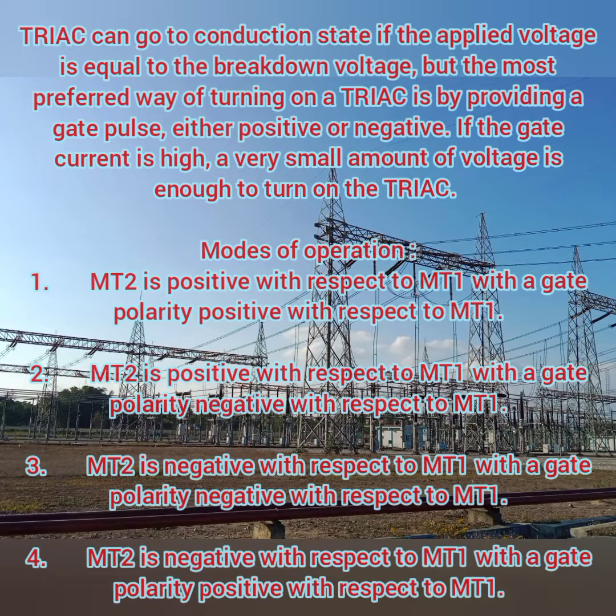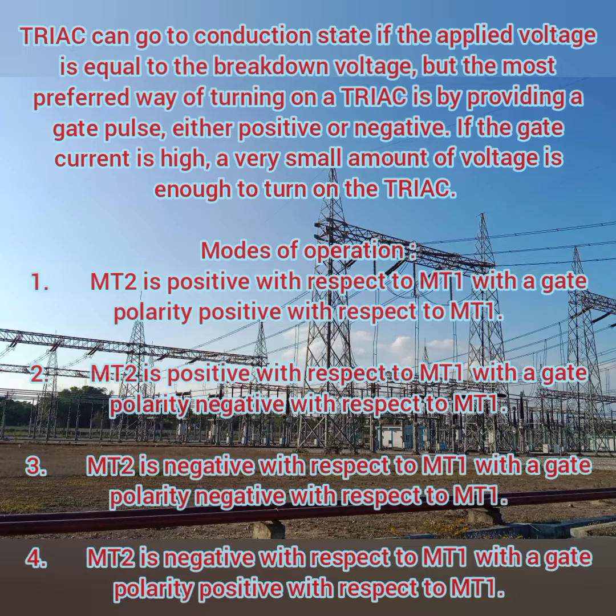If the gate pulse is high, a very small amount of voltage is enough to turn on the TRIAC. So it is characterized by different modes of operation. First, MT2 is positive with respect to MT1 with gate polarity positive with respect to MT1. Second, MT2 is positive with respect to MT1 with gate polarity negative with respect to MT1.